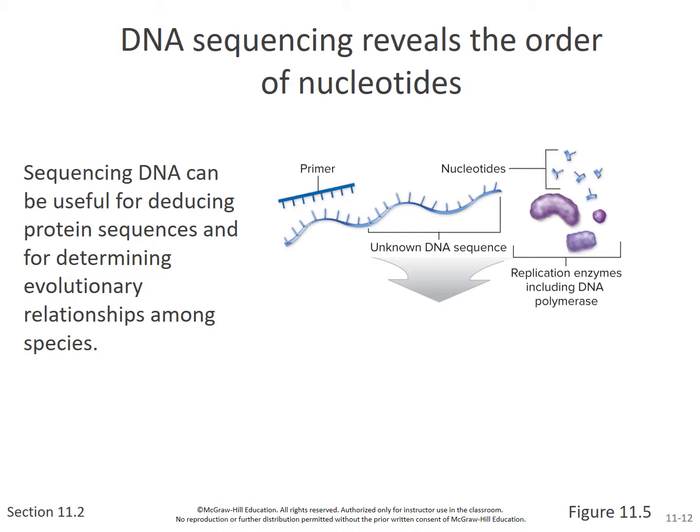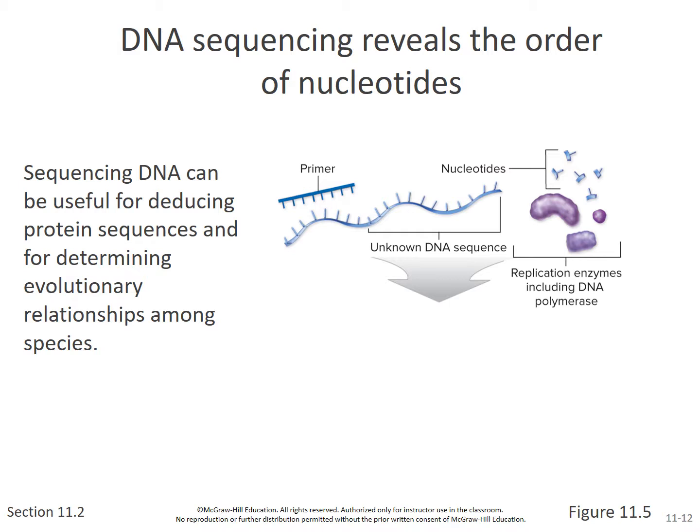DNA sequencing is a way of revealing the order of nucleotides in a gene or a genome or a piece of DNA. Sequencing DNA can be useful for deducing protein sequences and determining evolutionary relationships among species. So, if you're able to figure out what the sequence of nucleotides is, you can figure out what the protein will be if it goes through transcription and translation.